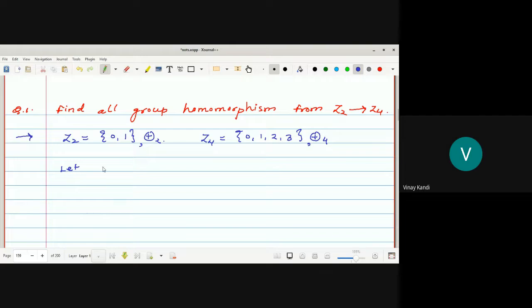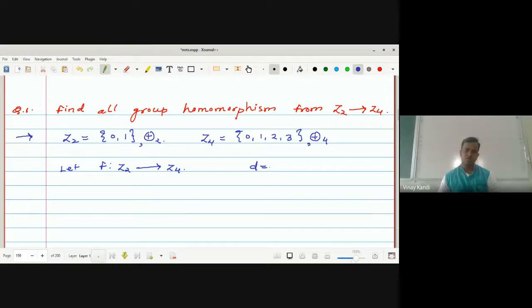Let f be a function from group Z2 to Z4. Now I have to find all the group homomorphisms from Z2 to Z4. So how many? What is D? D is the GCD of M and N, the GCD of 2 and 4.